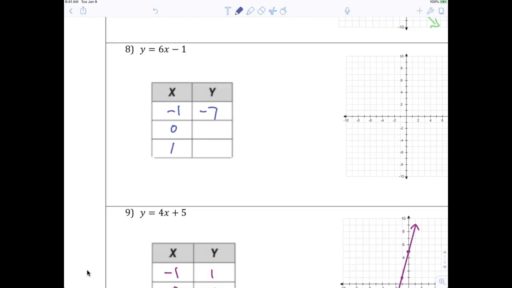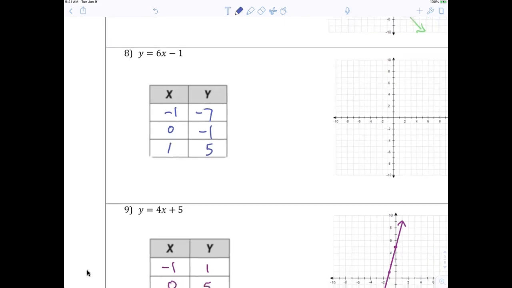All right, Layton, let's try the next one since the first one was such a success. 6 times 0 is 0. 0 minus 1 is negative 1. Okay, better. Next. 6 times 1 is 6, minus 1 is 5. Everybody okay with that? All right. Plotting the points.